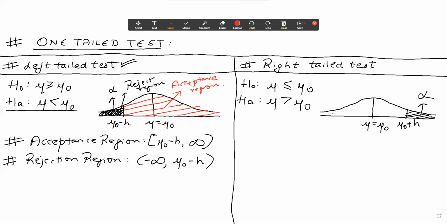So again, this whole region, the red shaded region, is acceptance region, and the darker, the black shaded region is my rejection region.